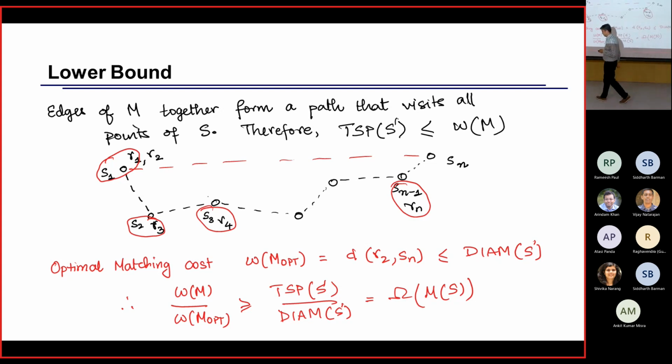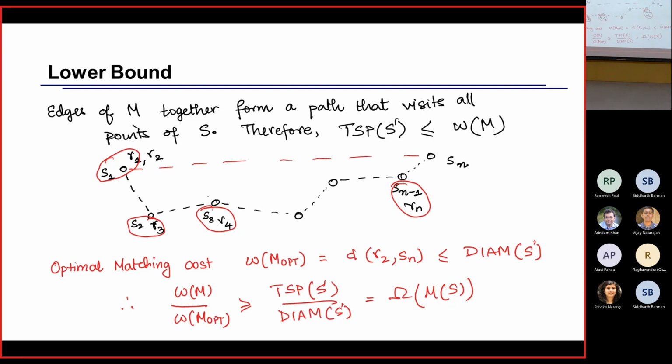So let's look at the optimal matching. What's the optimal matching here? S1 to R1, S2 to R3. Basically, you can match with zero cost all of the requests except R2. Right? R2 will basically match to SF, the last one.